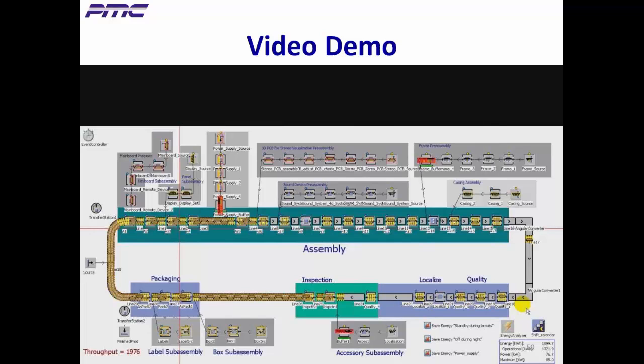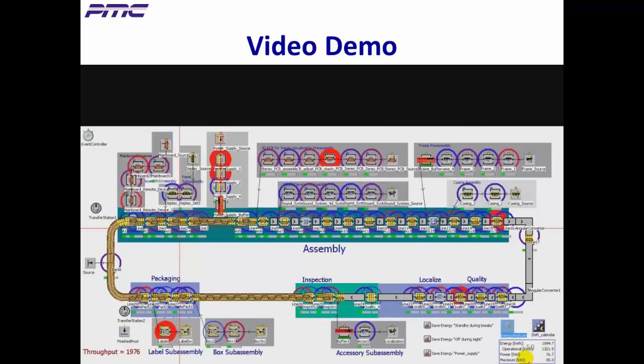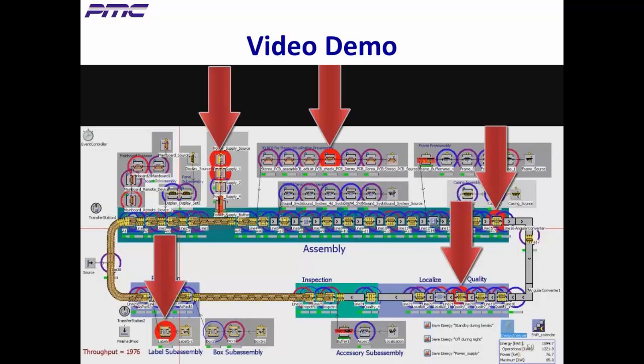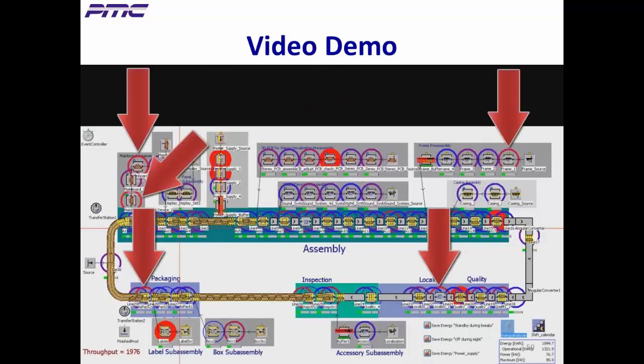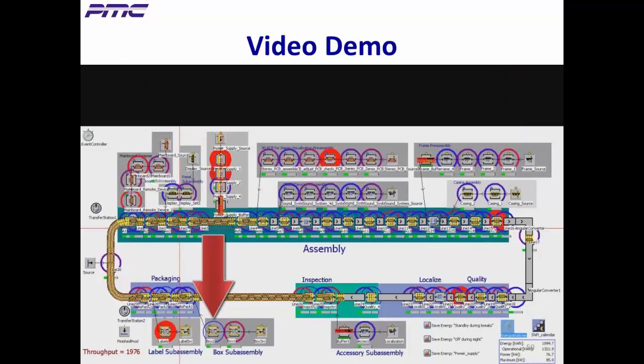Let's take a look at the Energy Analyzer's Show Visualization option. The stations surrounded by solid red circles are the ones that consume the most energy. Hollow red circles indicate the next largest energy consumers. Blue indicates the least energy consumers.